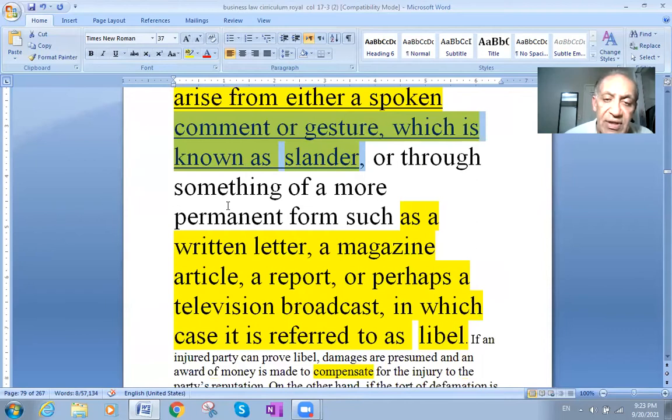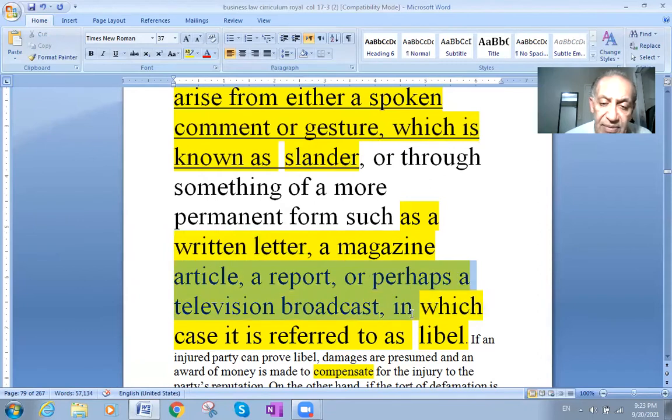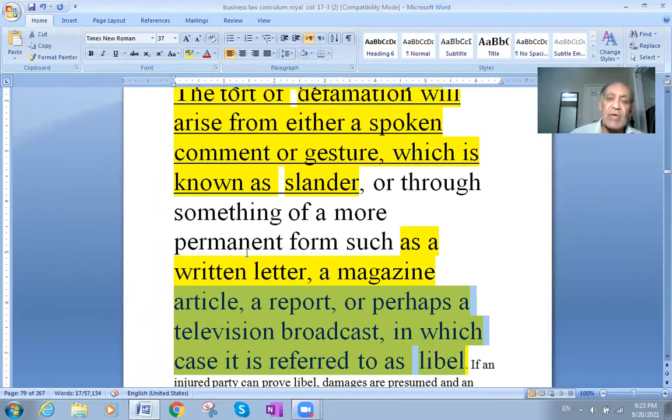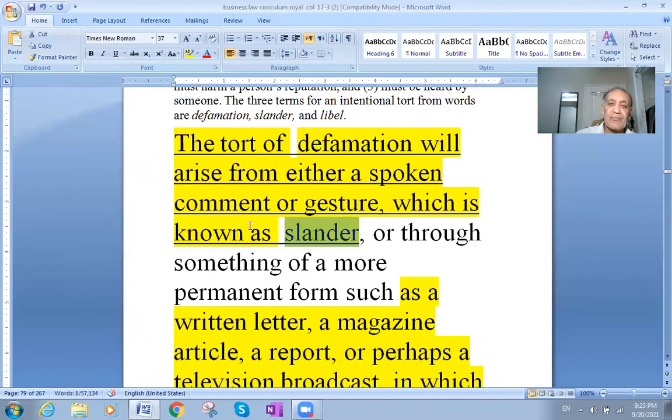Then there is something more permanent, such as a written letter, magazine, article, report, or perhaps a television broadcast, in which case it is referred to as libel. So we have slander, when it is verbal, spoken.